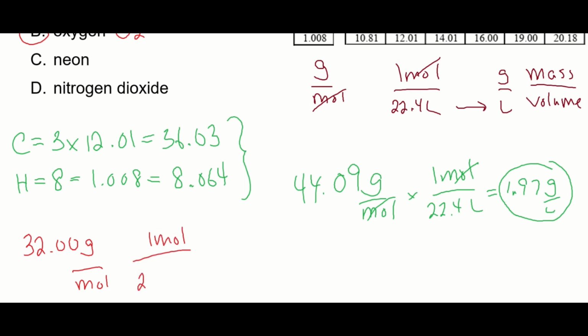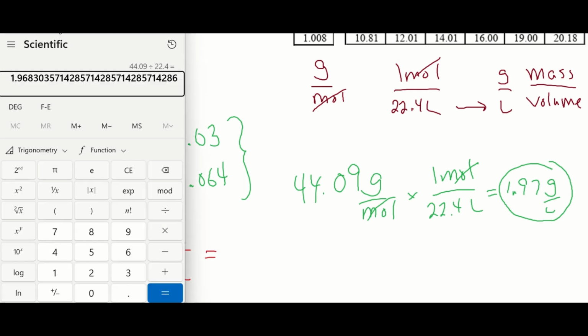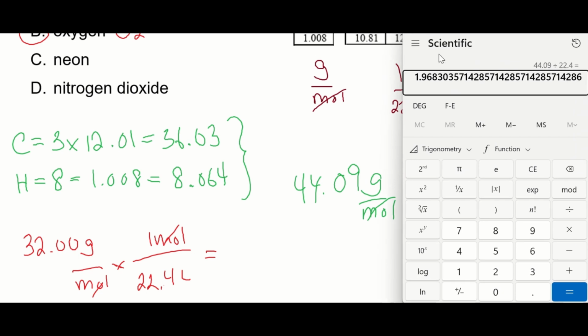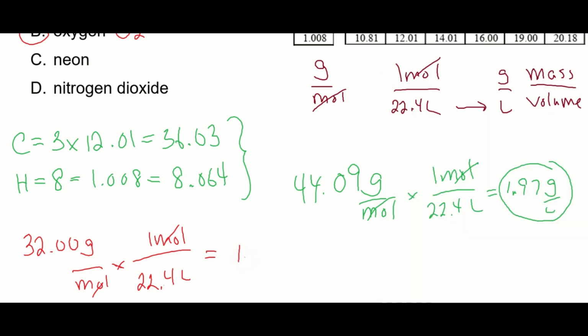We'll use the molar volume to cancel out the moles on the bottom and end up with liters. 1.43 grams per liter is the density of oxygen gas at STP.